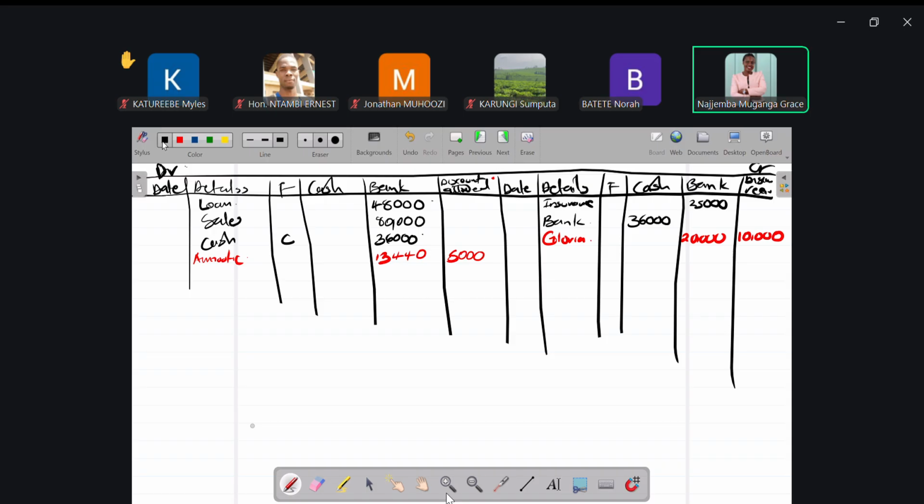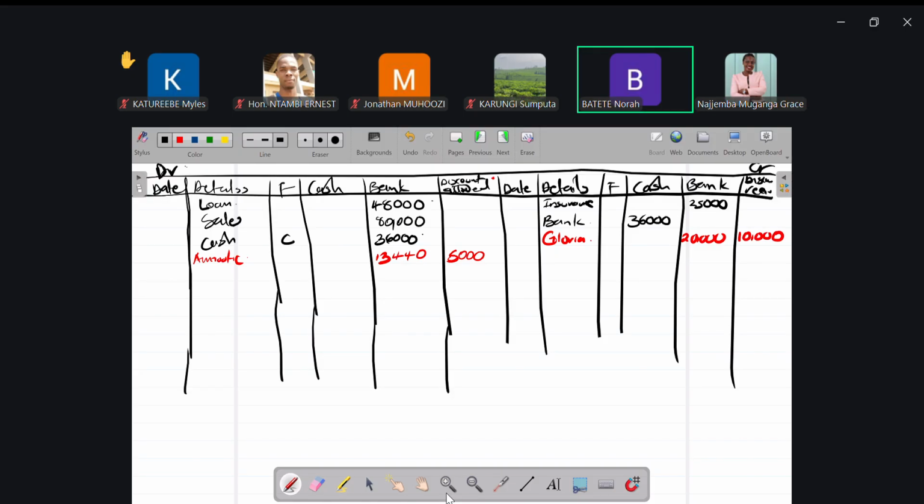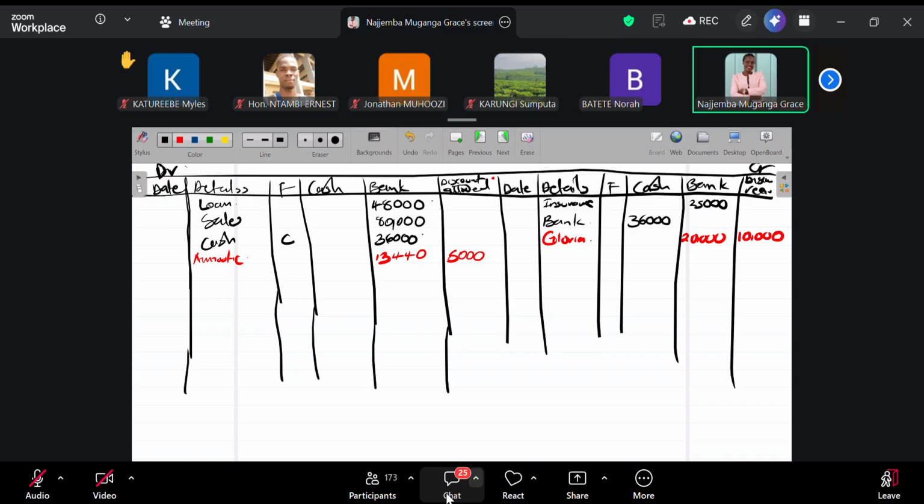So members, you can see, we shall do it, but it's not so different really, because basically it's cash and bank without the discounts. Everything we have done, but without the discount columns. When you go back to physical, I'll just take you through just one question.